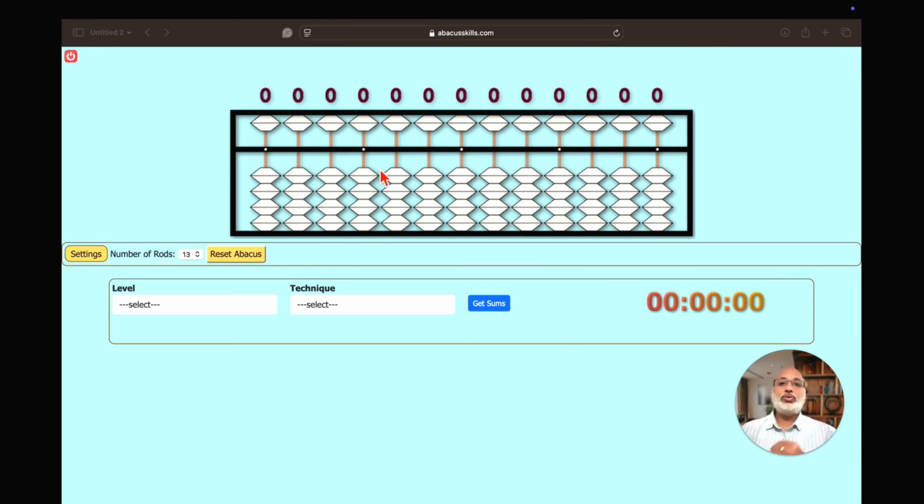If we want to do calculations, we have to consider any of these dotted places as the units place or ones place. Now if I consider this as the ones place, we have to start doing calculations from here.